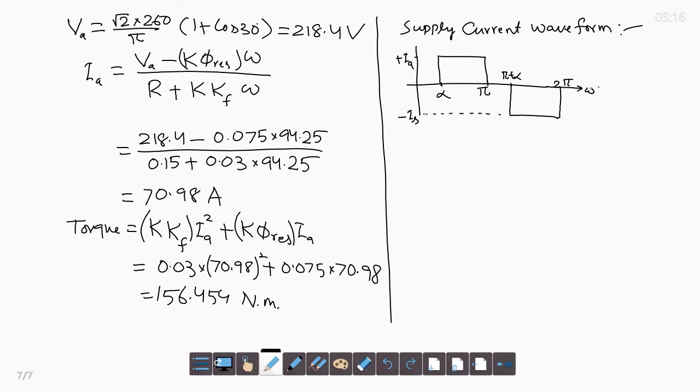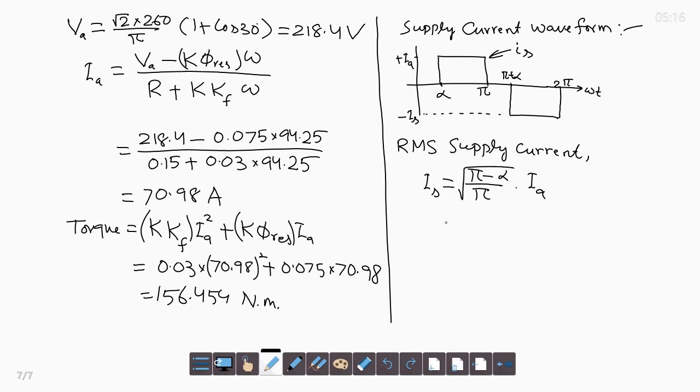This is the supply current waveform. This is the IS. So, RMS supply current Is is, you can see from this waveform, pi minus alpha divided by pi root over into Ia.